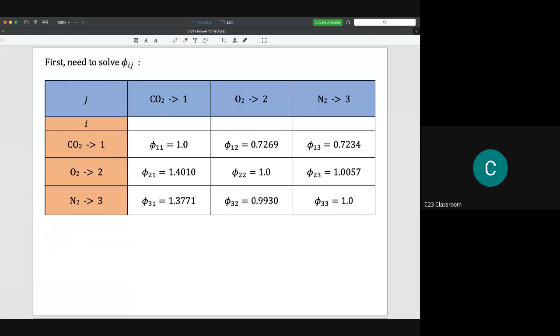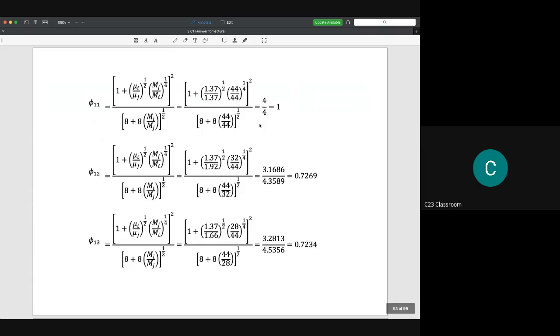Then we calculate each phi for each combination. For example, 1,3 means you use the parameter of carbon dioxide mixed with nitrogen.